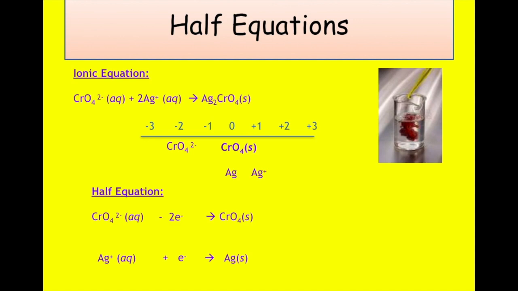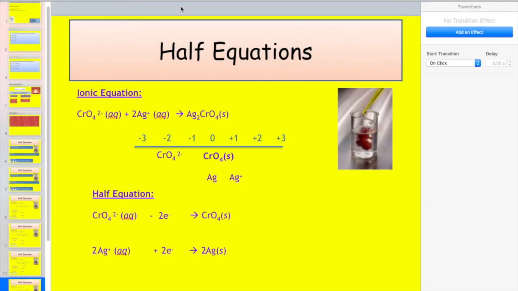Now, in this situation, you'll see the two half equations, we can put them together, and we normally leave the electrons out. Looking at the bottom line there with the silver and the top line, they are not balanced in terms of electrons. So we can balance them by doubling everything up in the silver. The electrons are now balanced and we can cross through them, and then if we put those two equations together, we get the equation at the top there.